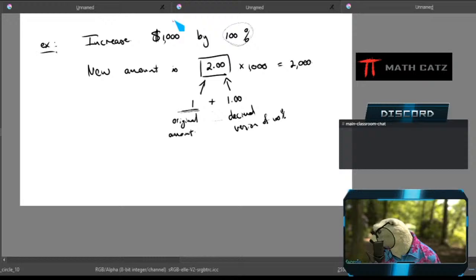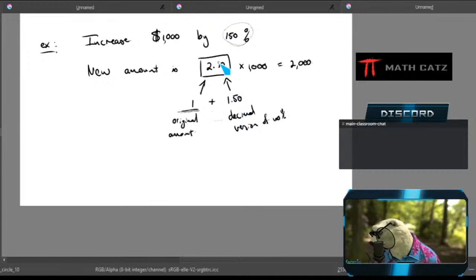Oh, not a lot of space. If I now change this to what I wanted originally, 150, what changes? Very little. The decimal version of the percentage is now 1.5.